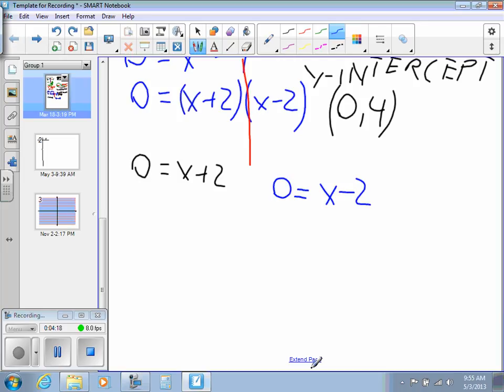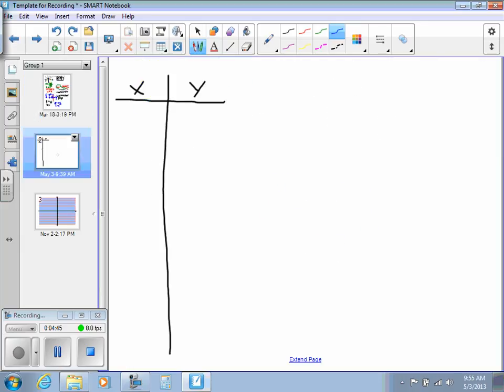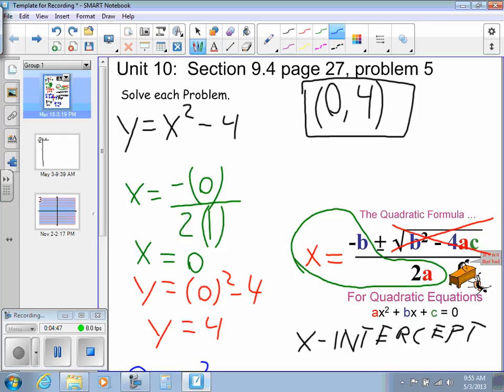Let's go ahead and solve the 2 of these. So here, I'll subtract 2 from both sides, giving me x equals negative 2. Over here, I'll add 2 to both sides, and that'll give me x equals positive 2. So now let's go over to our t-chart. Oh, and I haven't put in the vertex yet.